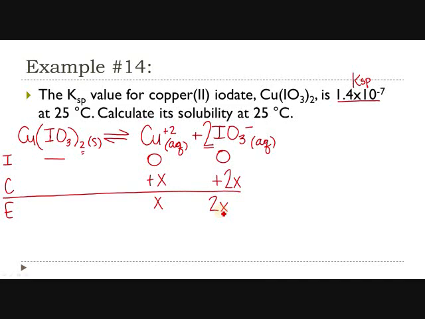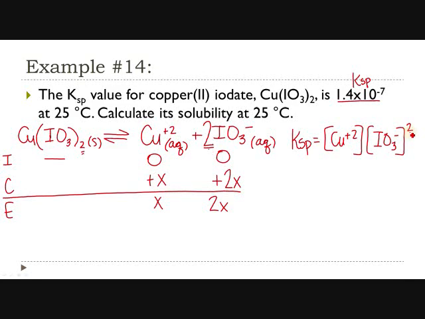Okay, so then now, when we plug into our KSP, the KSP is going to be copper ion times the iodate squared. Because remember that we have to put the coefficient as the power, as the exponent.